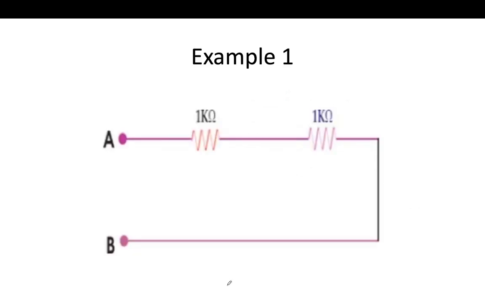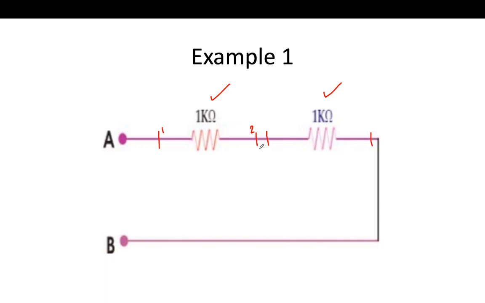Now take one example. Look at this circuit. It has two terminals A and B and two resistors are connected, 1 kilo ohm value for each. If we divide these resistors, this is the first terminal, this is the second terminal, and this is our second resistor, first terminal and second terminal.